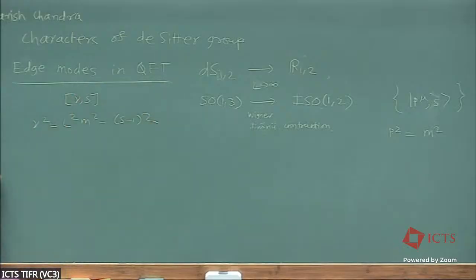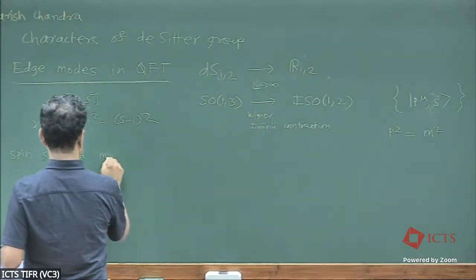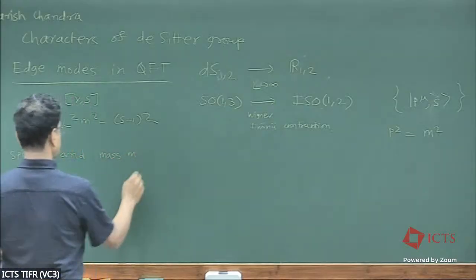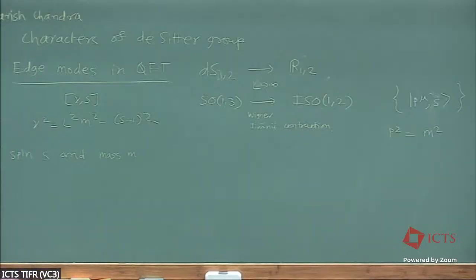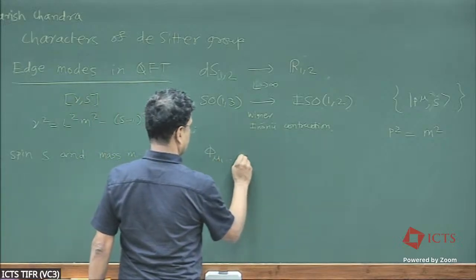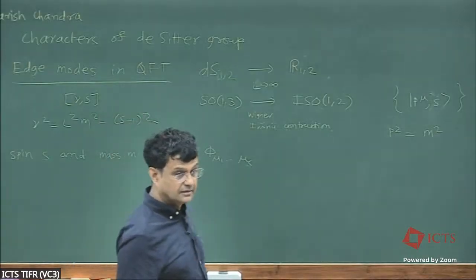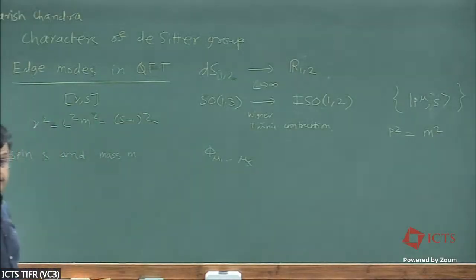So what we are doing is considering a field phi with spin S and mass M. What I actually mean is that I'm going to take a symmetric tensor with indices mu_1 to mu_s and mass m. Okay?